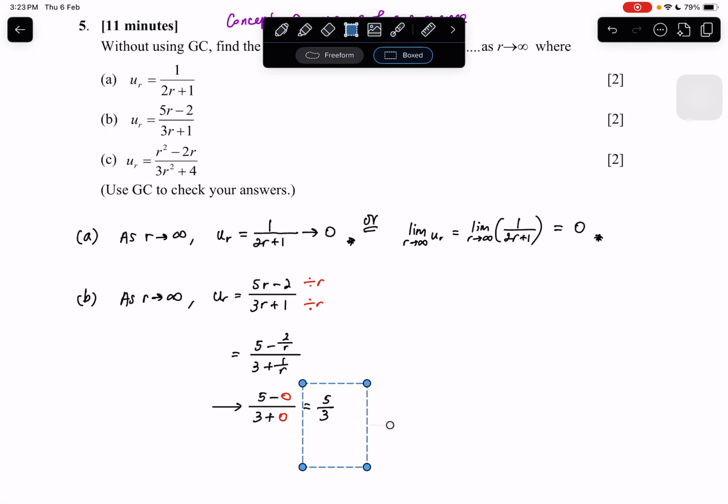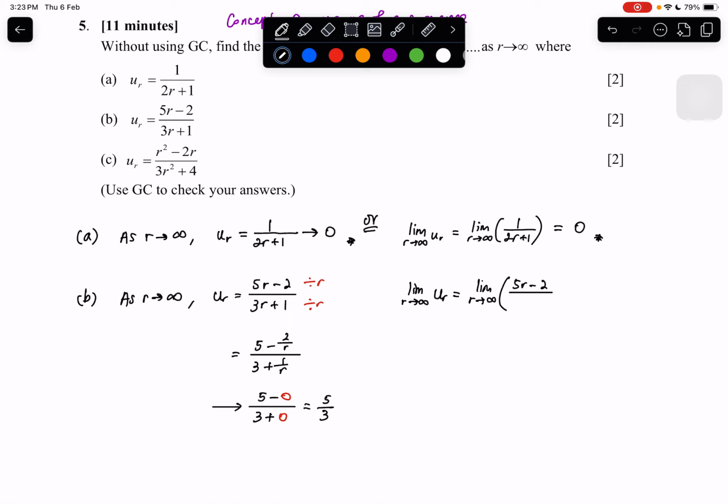Now the other notation: the limit as r goes to infinity of u_r would be the limit as r goes to infinity of 5r minus 2 divided by 3r plus 1. We do the same thing over here. We haven't taken the limit yet, so we keep the limit outside.